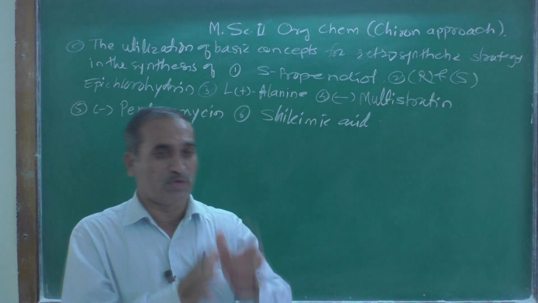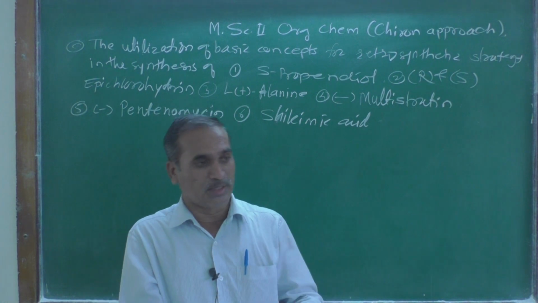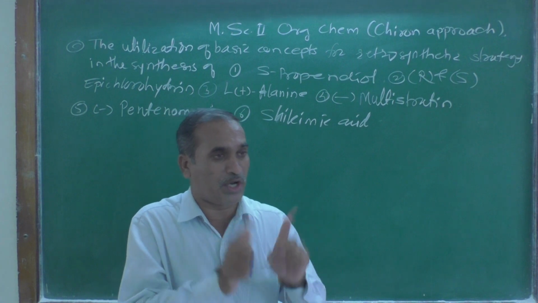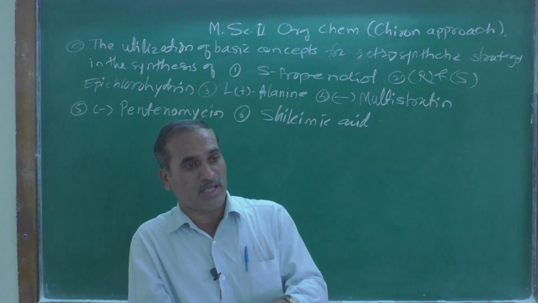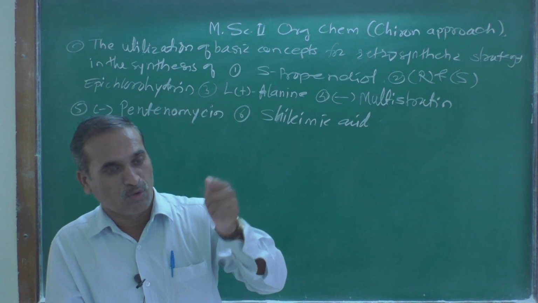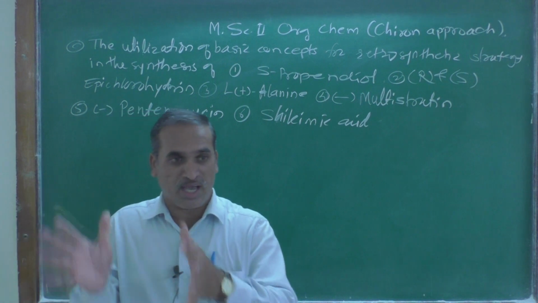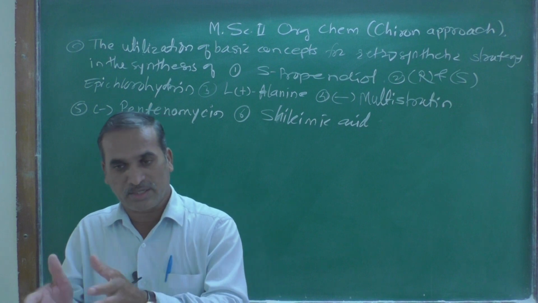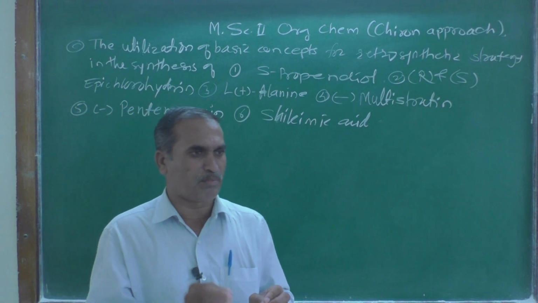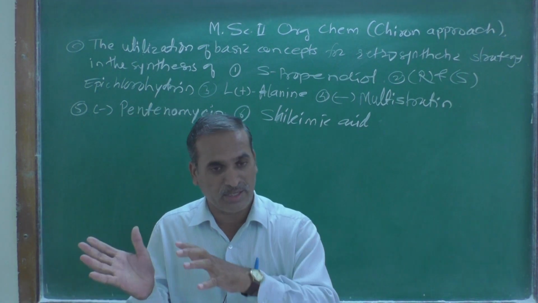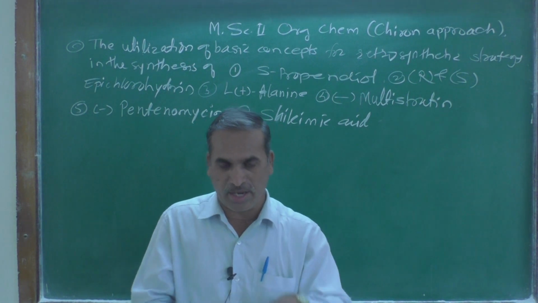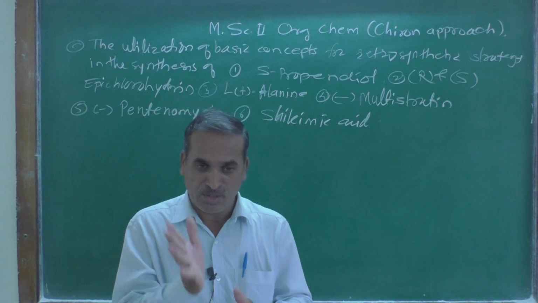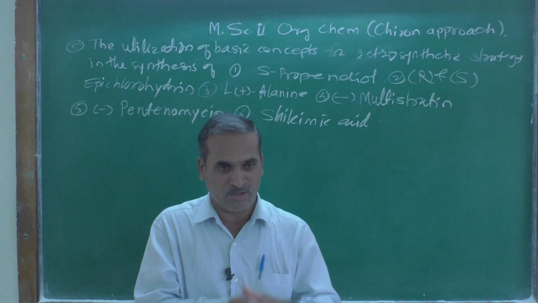Yesterday we learned how the Chiron approach has advantages over the usual retrosynthetic approach, and how they are greater, with certain points we explained and studied yesterday. Today we are going to see some of those already discussed.